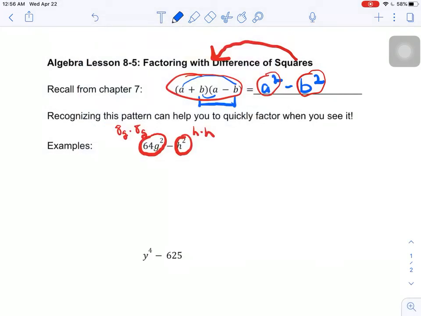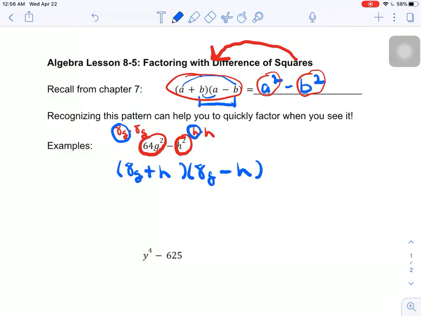Since that's the case, the 8g and the h become the terms in the original problem we were multiplying. So I'm going to have an 8g and an h in both of these. The reason I'm missing the middle term is because in one of these I'm adding the two parts and the other one I'm subtracting the two parts. So it's reversing our multiplying pattern that got introduced in the last chapter.